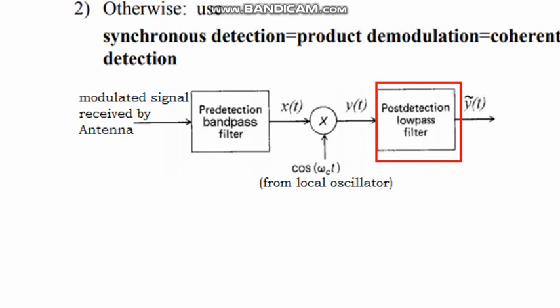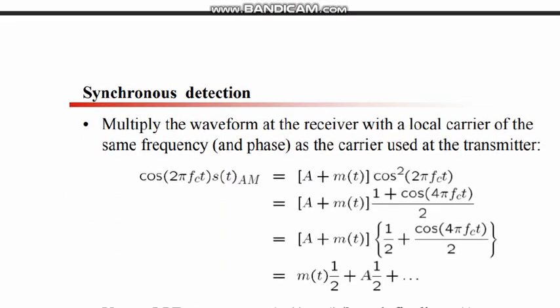Let us watch this completely in mathematical terms. For a simple amplitude modulated signal, this is s_AM(t), the amplitude modulated wave, and it is multiplied with the locally generated signal cos 2πfct. Since s_AM(t) is equal to [A + m(t)] cos 2πfct, when multiplied with cos 2πfct it becomes [A + m(t)] cos² 2πfct.